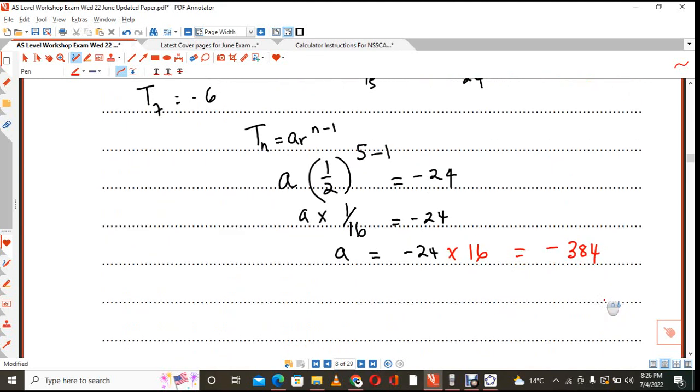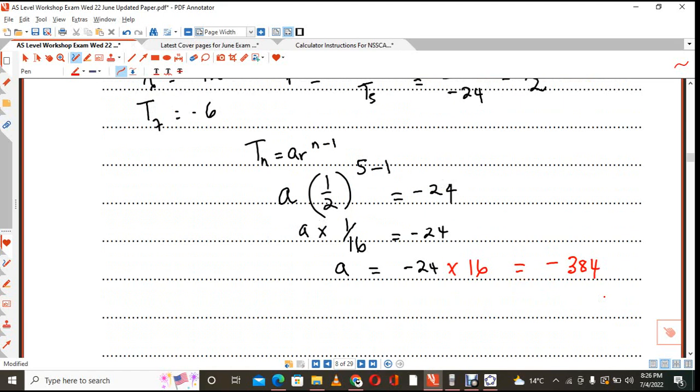So now we know what A is, we know what R is. A equals minus 384. R equals a half. So therefore, the sum to infinity is minus 384 over 1 minus a half.